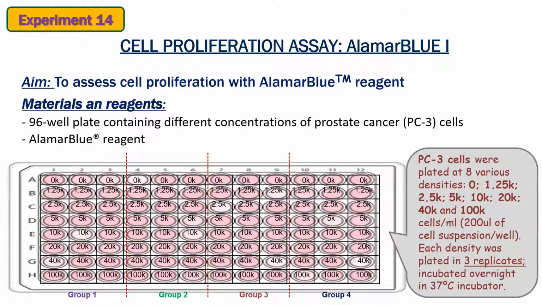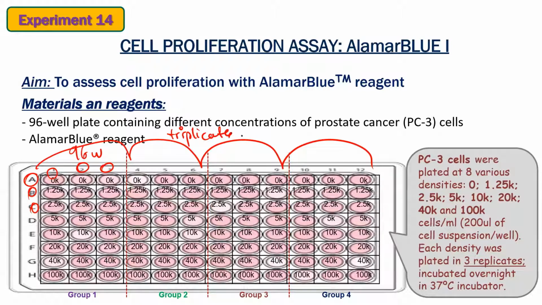So about the plan for the experiment. We have a 96 well plate, and this 96 well plate has rows and columns. Every 3 columns we have replicates, and since they are 3, they are called triplicates.